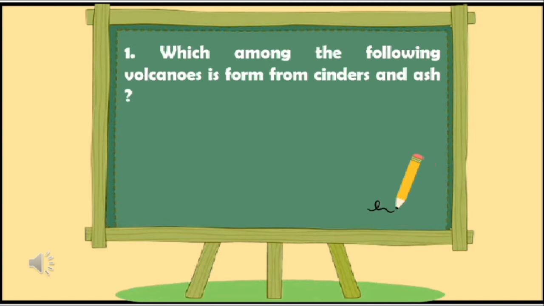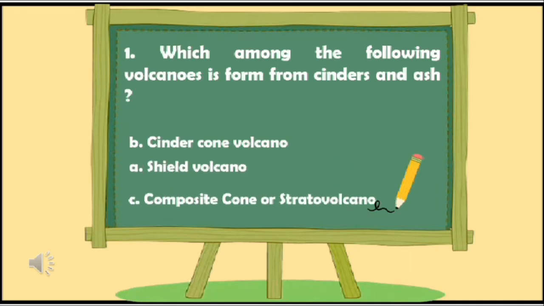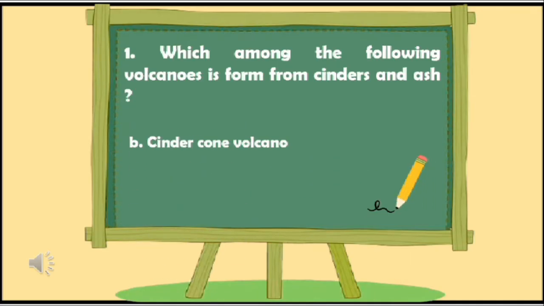Which among the following volcanoes is formed from cinders and ash? Letter A, shield volcano. Letter B, cinder cone volcano. Letter C, composite cone or stratovolcano. The correct answer is B, cinder cone volcano.